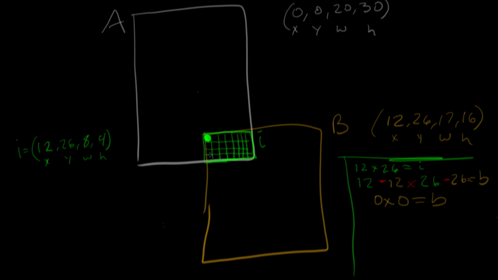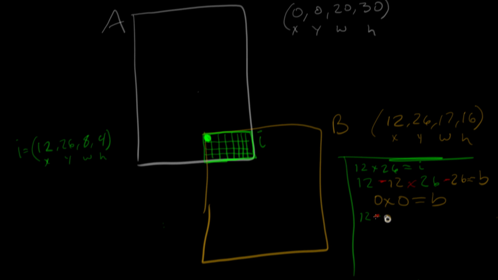So now we need to do A. Alright, so that's going to be 12 minus 0. A is white here. 12 minus 0.